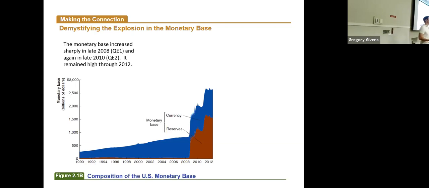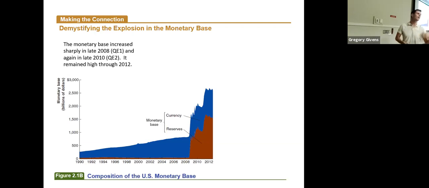That was as a result of something called QE1, or quantitative easing, something you guys may have heard of before. We will talk much more in detail about quantitative easing in the coming weeks. It increased again in late 2010 with QE2.